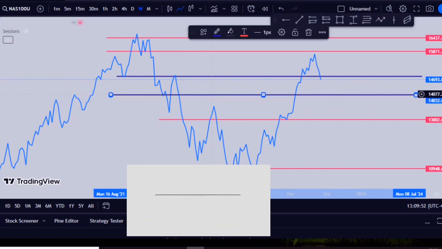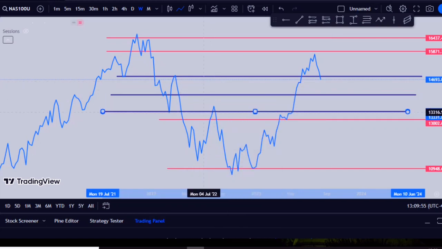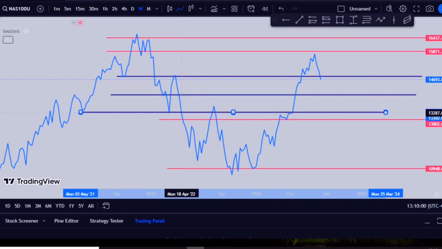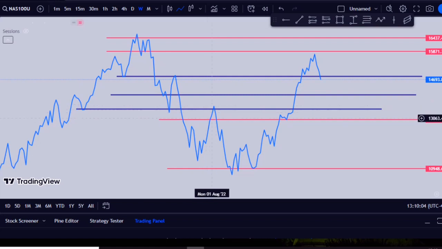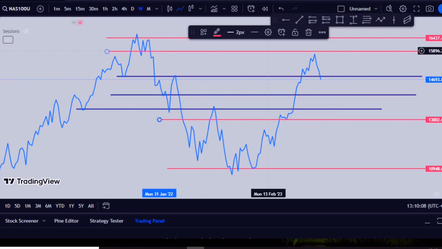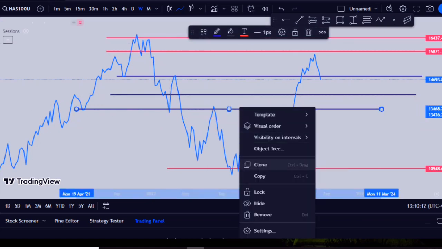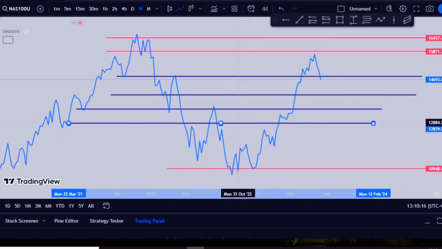And the next one is this one here. The next one is this one here, and for the second one, you delete this line. The fourth one is going to be this one, around here.